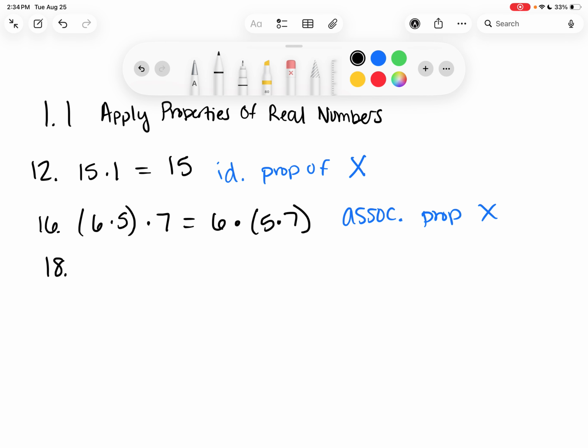18, we've got 15 times, in parentheses, 3 divided by b is equal to 45 divided by b. Alright, so we're going to leave the right side alone. We're only going to work with the left side.